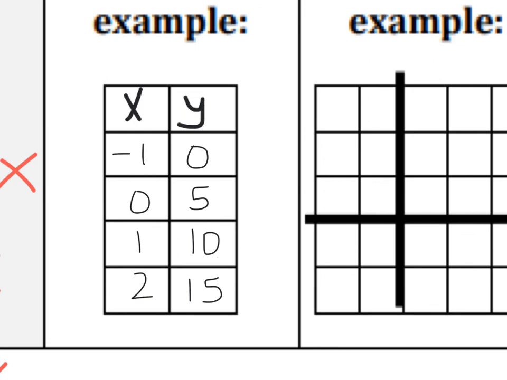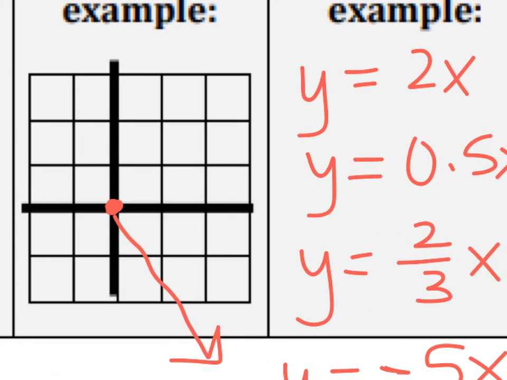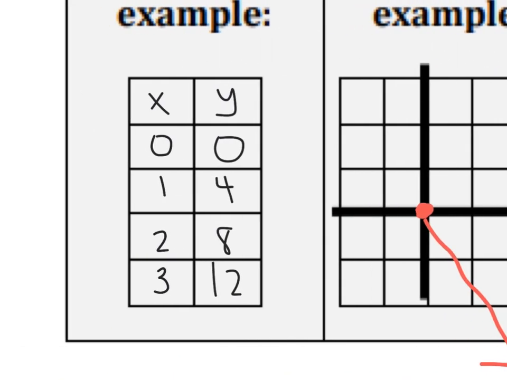So sometimes students look at this and they're like, wow, my table starts at 0. Well, yes, the y value is 0, but the x value matching up to that is not 0. Remember, if something is going to be considered a direct variation, you need to have the exact point of 0, 0.